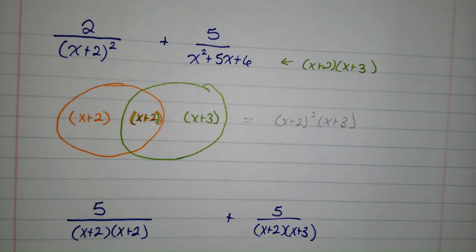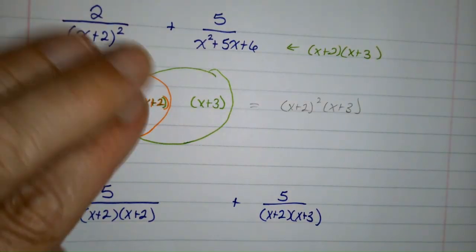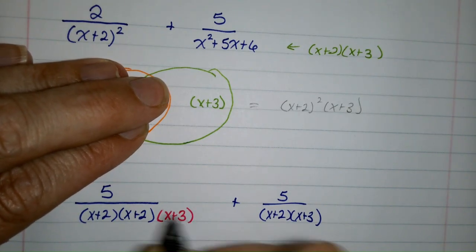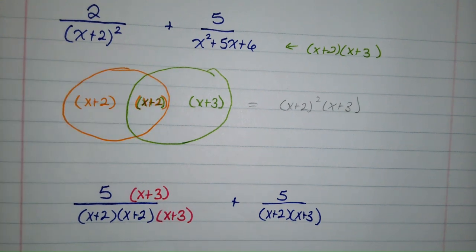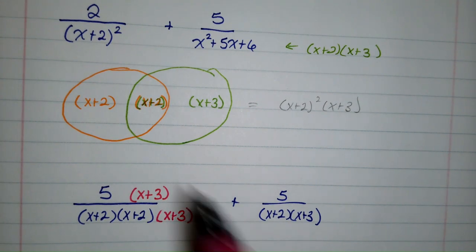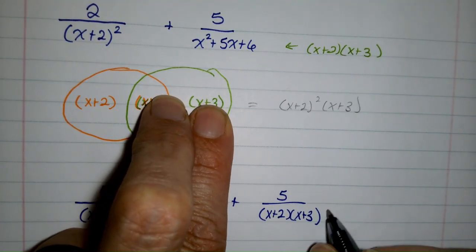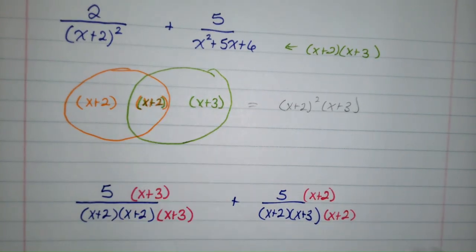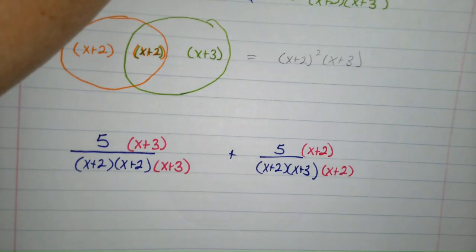That's what we're doing again. Right now this circle has x plus 2 times x plus 2. What's outside the circle? X plus 3. So that's why I multiplied that. The green circle currently is x plus 2, x plus 3. What's outside the circle? X plus 2. So now they both have the same denominators.